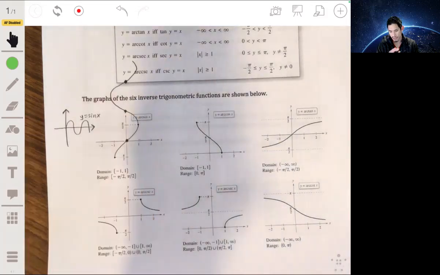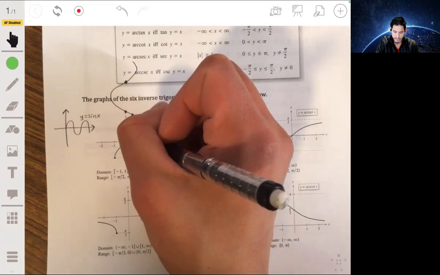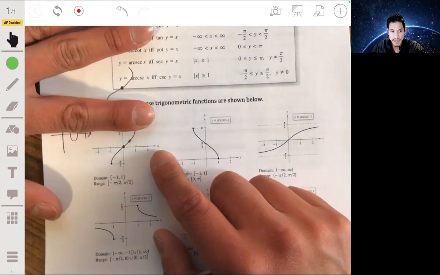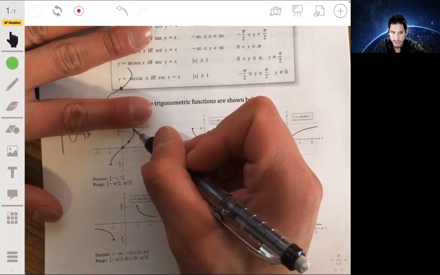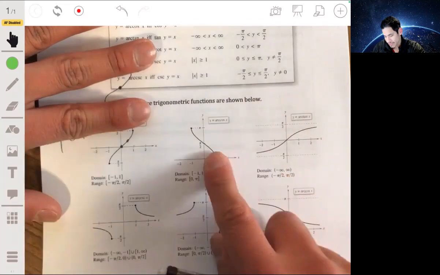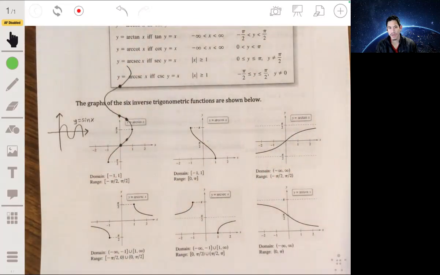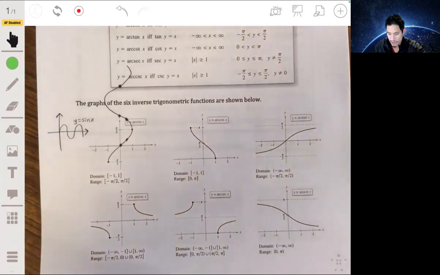And you can basically apply that to any x value on the graph. So that's why we have to cut it here. We have to restrict the domain, because after this point, it would start having repeating y values. So that general idea is applied for all the other trig functions. So that's really all there is to it.